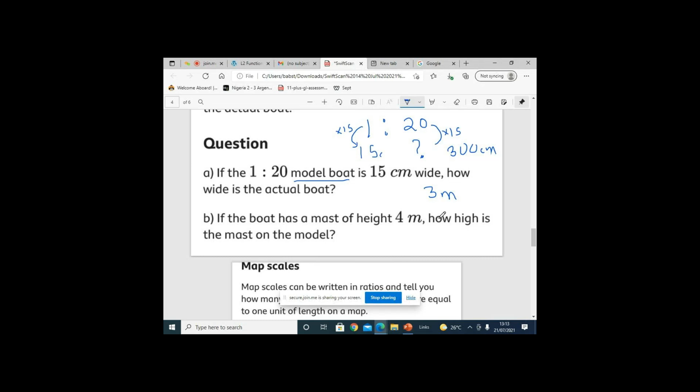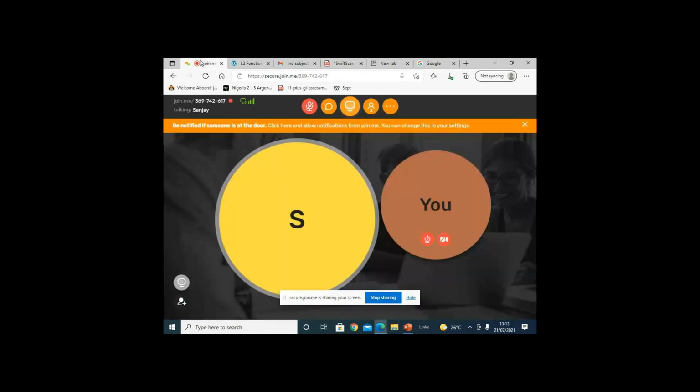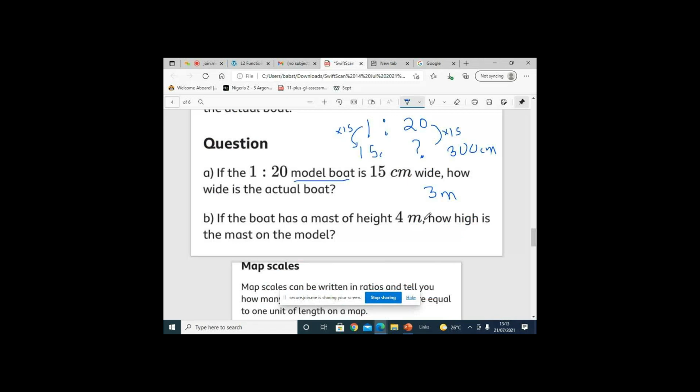I'm going to come again. When you say 1 to 20, it means 1 centimeter represents 20 centimeters. The model boat is 15 centimeters wide, so that means it is 15 centimeters on the map.